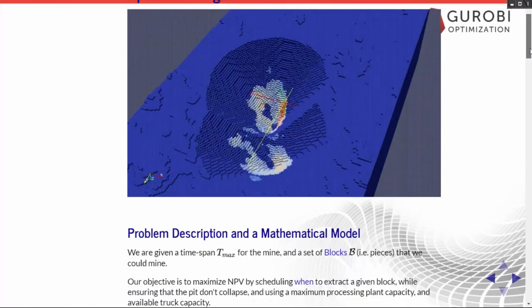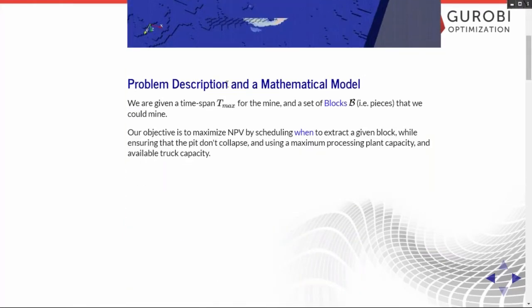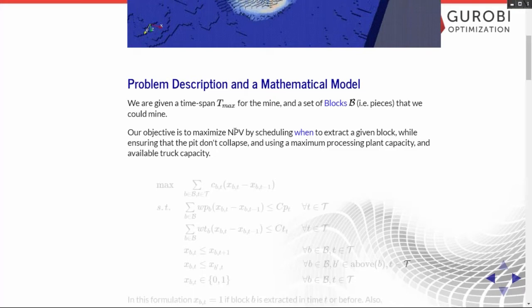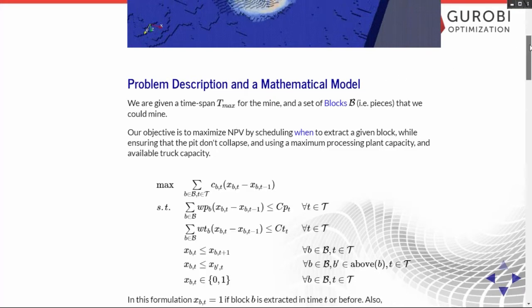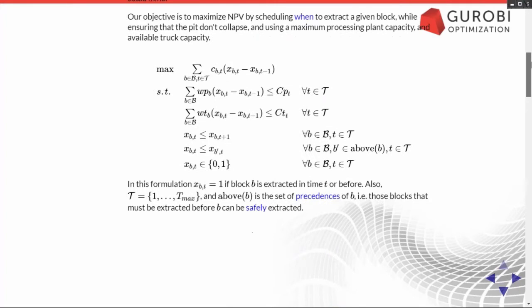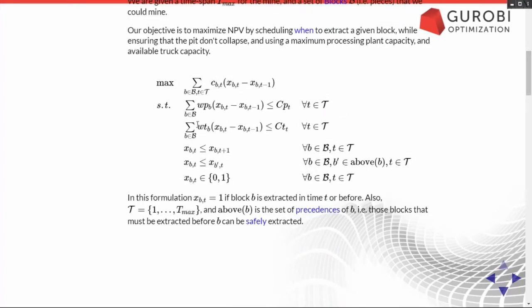So, the description in some more detail: you have a set of blocks. For each one of them, you have a weight and an objective function, and you have some time span where you're going to exploit this mine, and you have to decide if and when you're going to extract a block, subject to those two capacities of trucking and processing. So the mathematical model, and again, this is not that important, but just to show it, you have these knapsack constraints on the capacities, you have the objective function here, and you have some precedences.